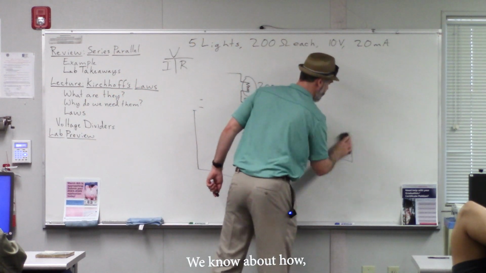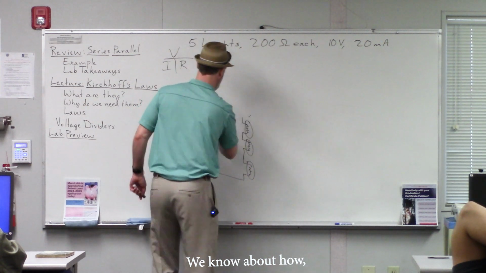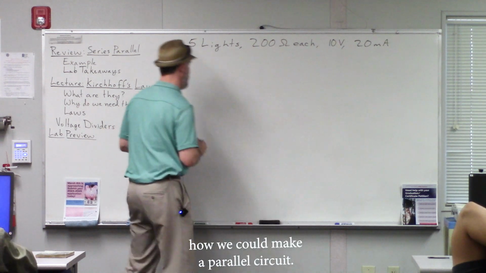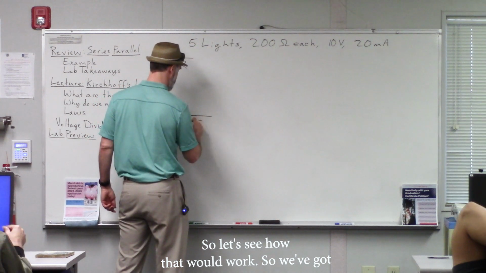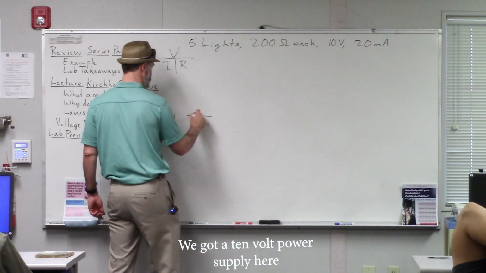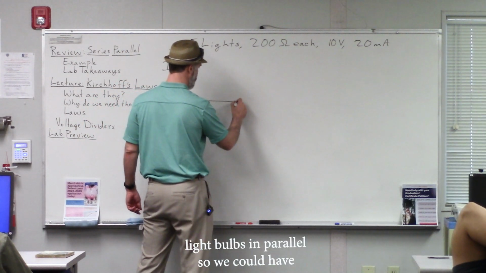We know about how we could make a parallel circuit. So let's see how that would work. So we've got, let's try that. We got a 10-volt power supply here, and then we could put these light bulbs in parallel.